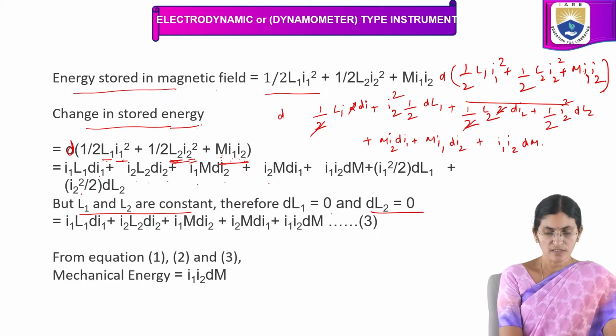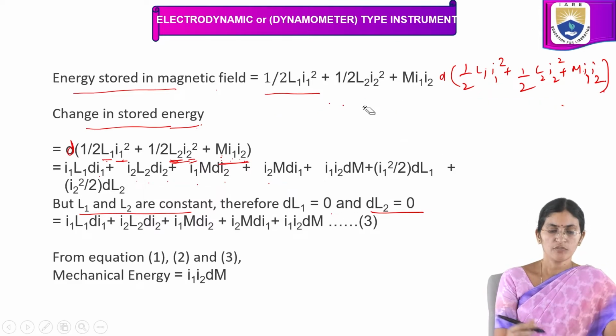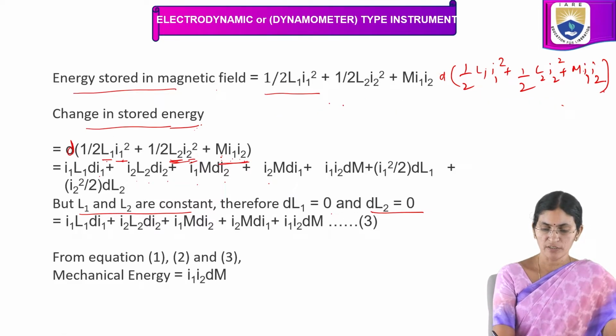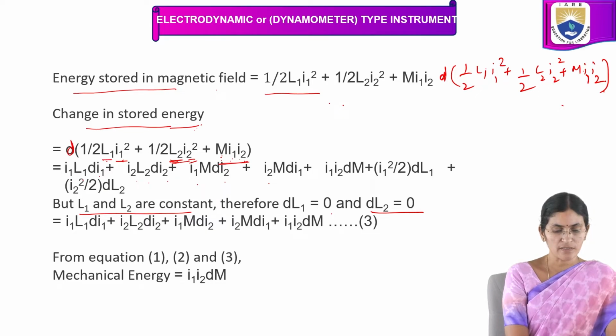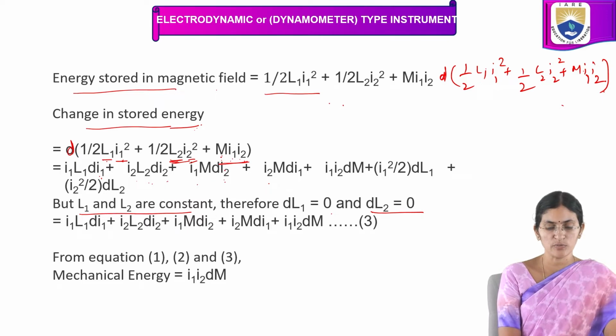So this will be I1 L1 dI1, and here also I1 you have. Change in stored energy is given by d of this term. When we take the differentiation of these terms, we get the relevant equation: I1 L1 dI1 plus I2 L2 dI2 plus I1 M into dI2 plus I2 M into dI1 plus I1 I2 dM plus I square by 2 dL1 plus I square by 2 into dL2.